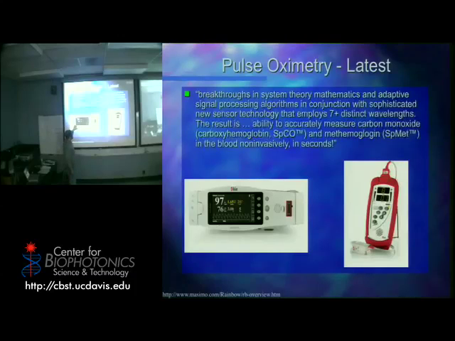You see the pulse rate going up and down, and there's your oxygenation, and it's also telling you the concentrations of the other species. So you know whether you have a patient with carbon monoxide poisoning, or someone with a high methemoglobin content. It can discern all those different things.